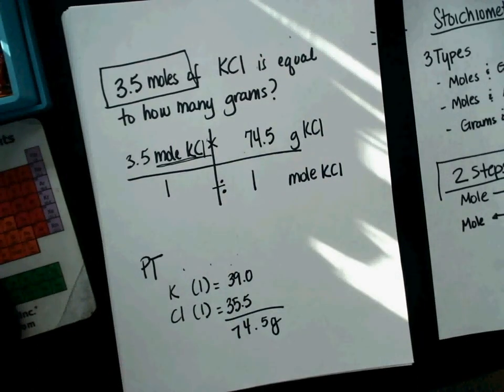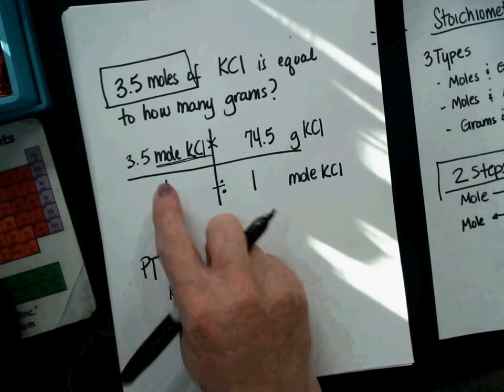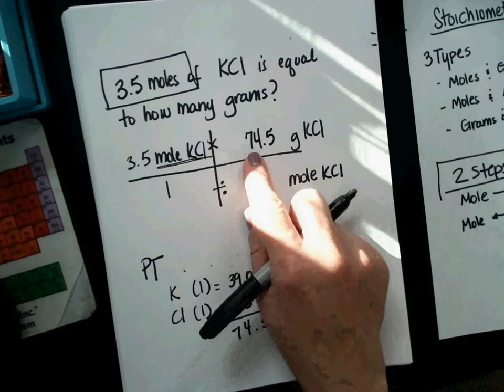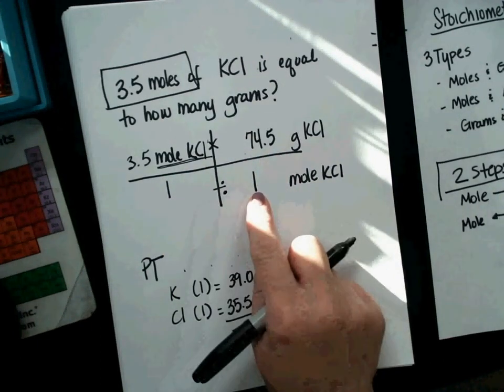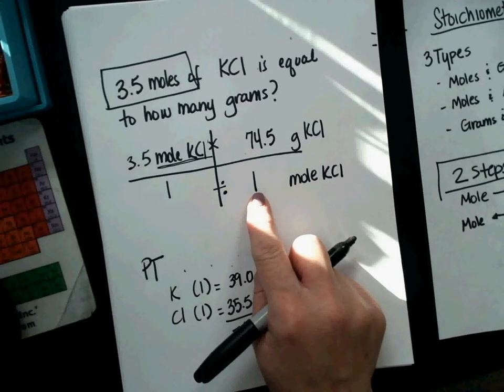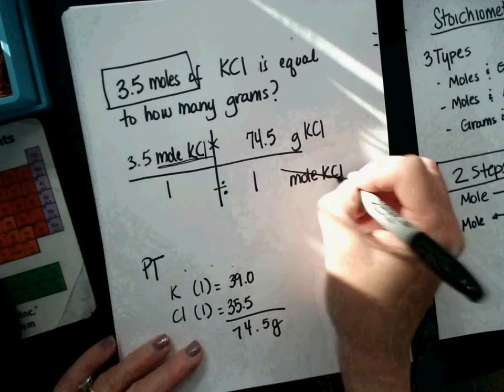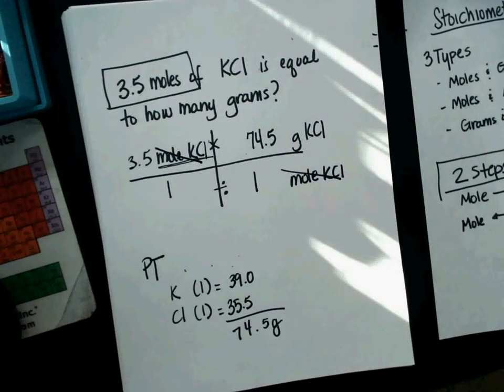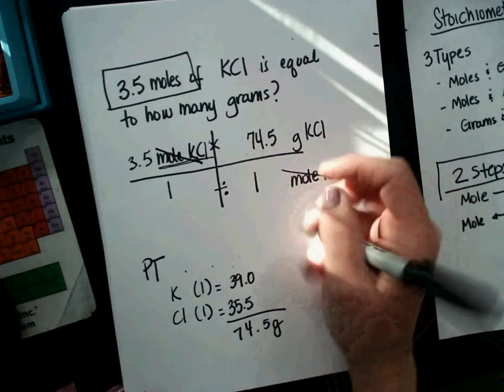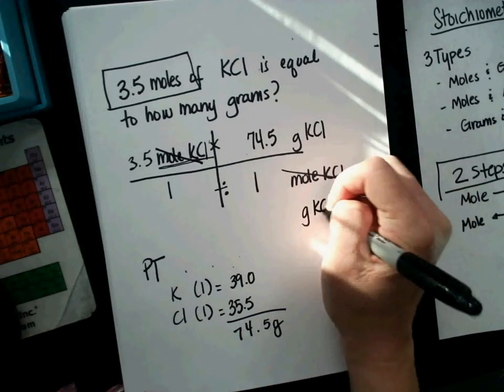If it's below this line, it means you're dividing by it. So when I put this into my calculator, I would have 3.5 times 74.5, divided by 1. So it's really just a multiplication problem. You have to show these things because you have to show how they cancel out. Does that make sense? Punch that in your calculator and see what the answer is.